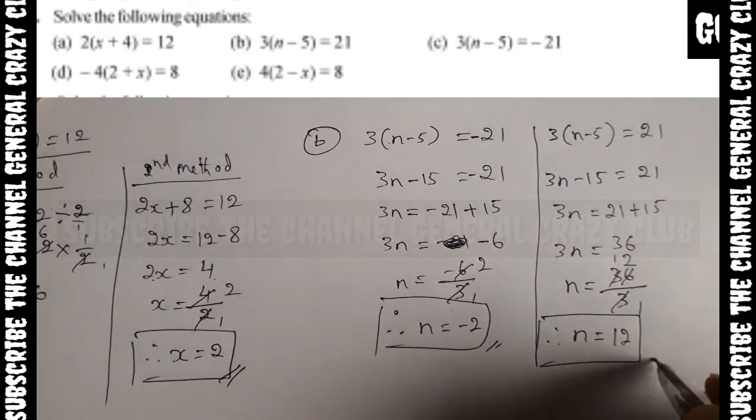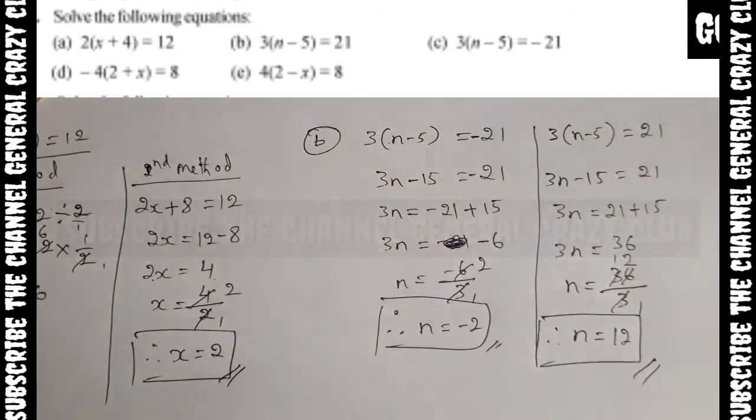Same equation, I changed the sign here, and the answer is different. Here minus 2 came, here n is equal to 12.